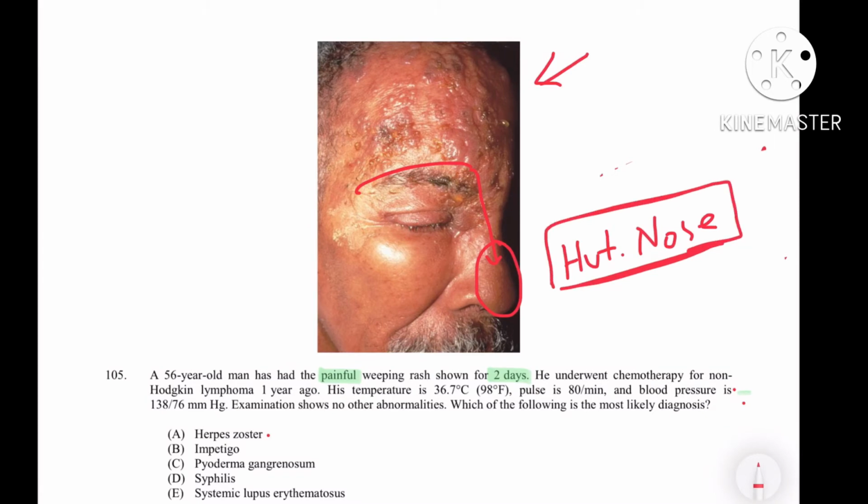So if there is involvement of the nose, it means the patient now has a complication with the ophthalmic division, with the involvement of the eye as well. So that will be called ophthalmic shingles. But here you can say the eye is somewhat normal, the vision is normal in this patient. But if the involvement of the nose is there and Hutchinson's sign is positive, you need to think about the vision and the eye of the patient.